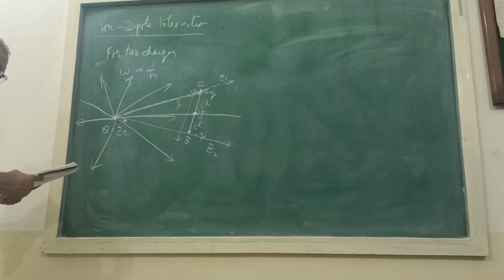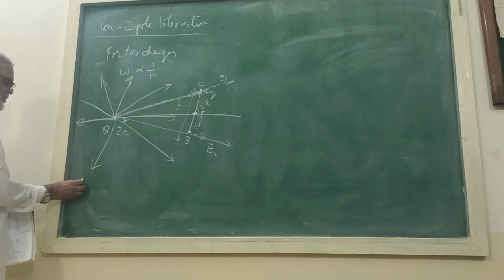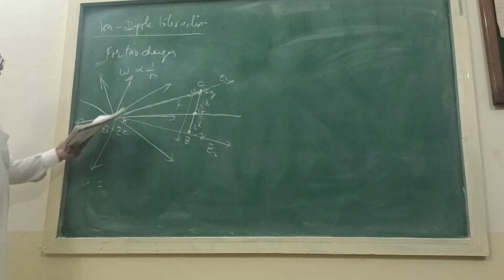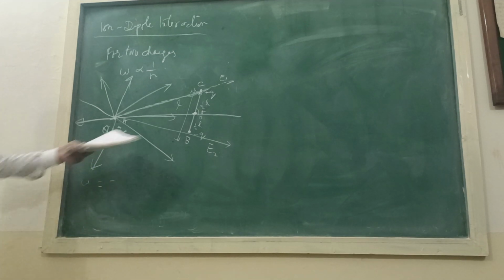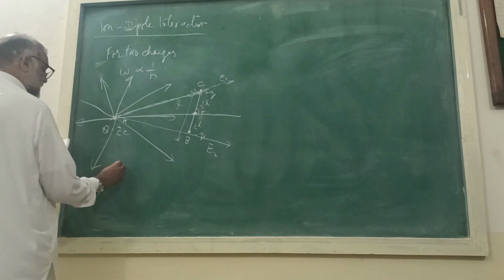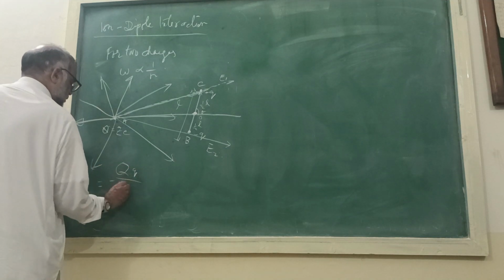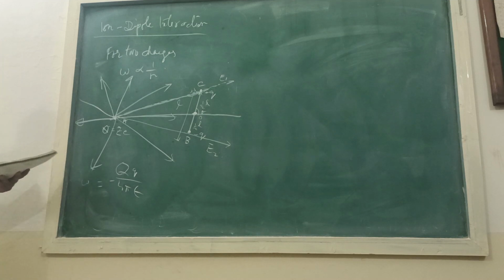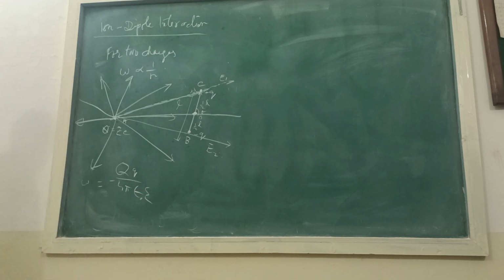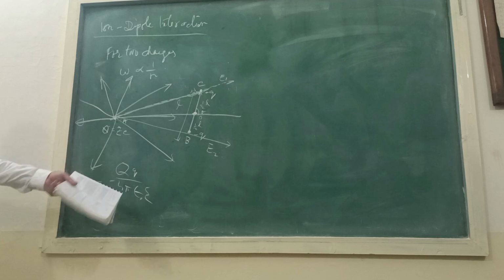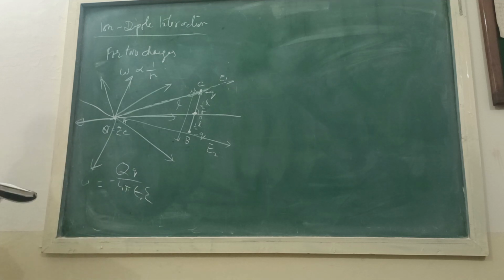I can say that the interaction energy between these two will be equal to minus, because this is the minus charge, minus Q over 4 pi epsilon. 4 pi epsilon is K. I can say epsilon naught and epsilon r, if there is a medium, for which I write the relative permittivity.